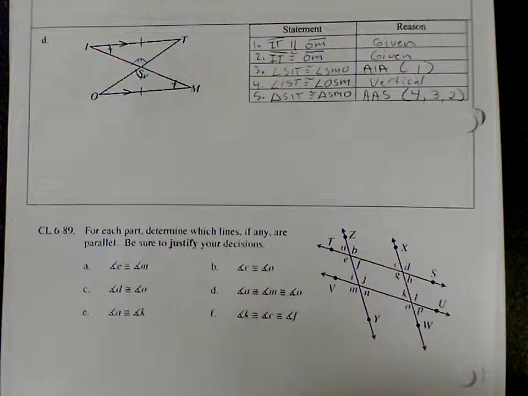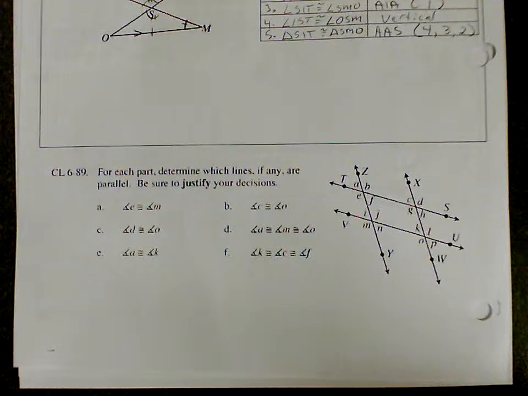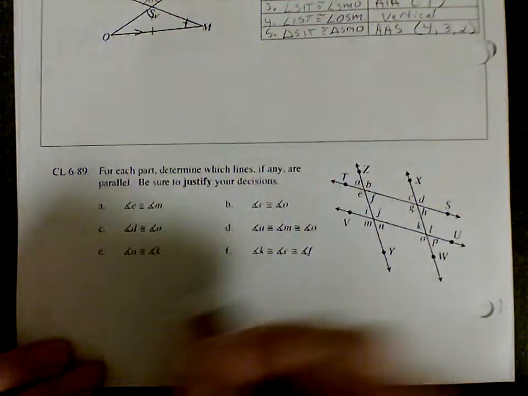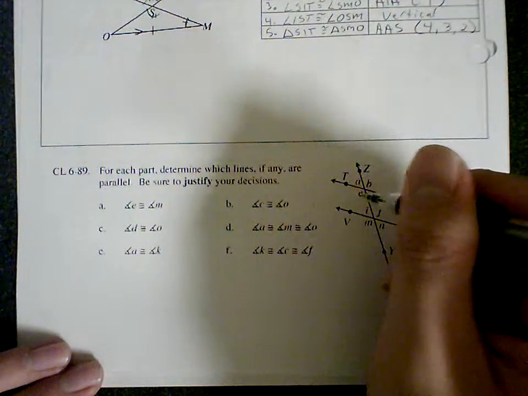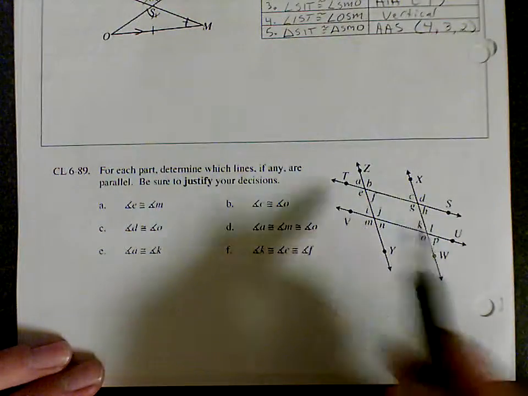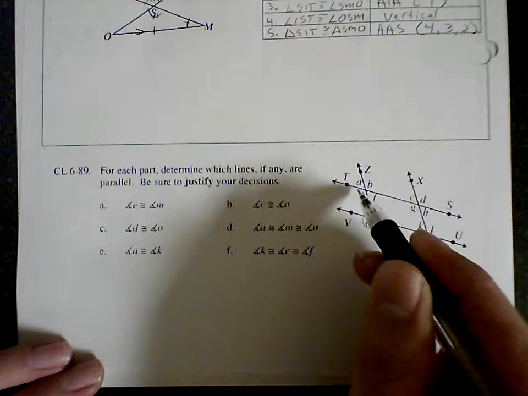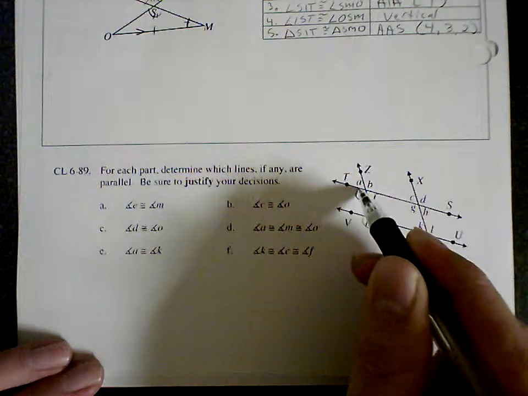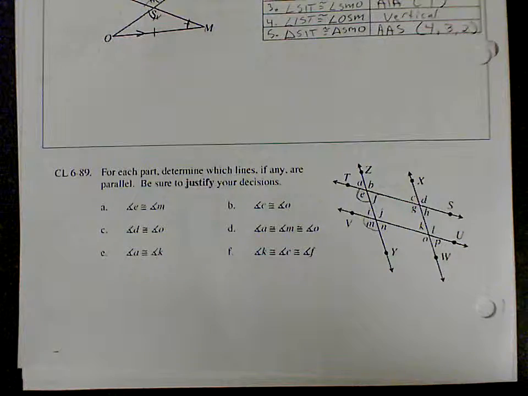All right. And question 89. So for each part, determine which lines, if any, are parallel. Be sure to justify your decisions. So letter A says angle E is congruent to angle M. So if these are congruent, do we know if any lines are parallel?